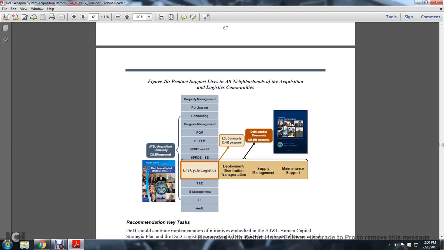From life cycle logistics, it goes to the LCL community with 13,400 personnel, along with the deployment and distribution and transportation. The Department of Defense logistics community of 615,000 personnel covers supply management and maintenance support.